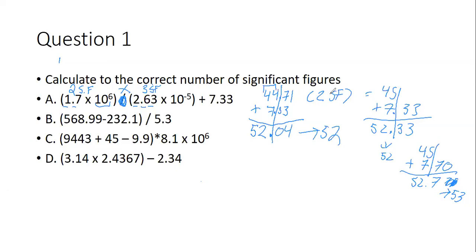Why did you move the decimal? I got 4.471. It should be 44.71. I just redid the calculation. Let me just double check because I still have the calculation up. Yeah, it's 44.71. All right, so let's see if we can do these other problems.